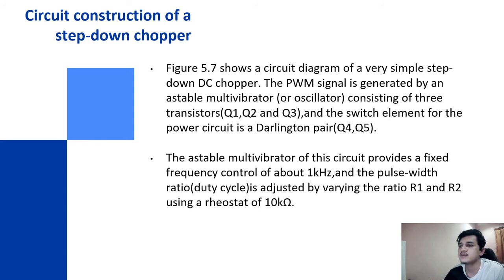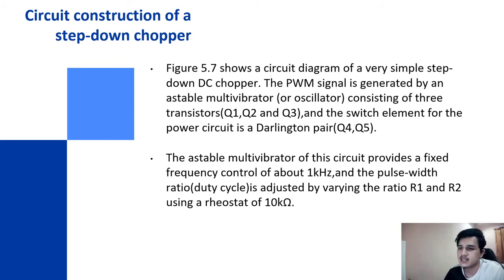The PWM signal is generated by an astable multivibrator or oscillator consisting of transistors Q1, Q2, and Q3, and the switching element for the power circuit, a Darlington pair, is Q4 and Q5.